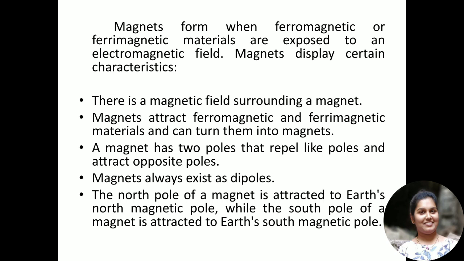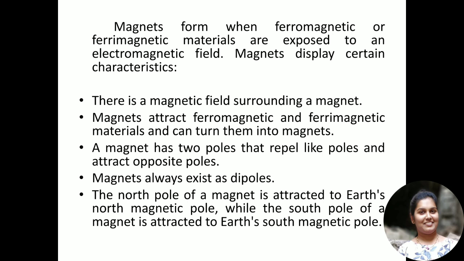Any magnet is formed when ferromagnetic or ferrimagnetic materials are exposed to an electromagnetic field, and the magnet displays certain main characteristics, which we will discuss in detail right now.